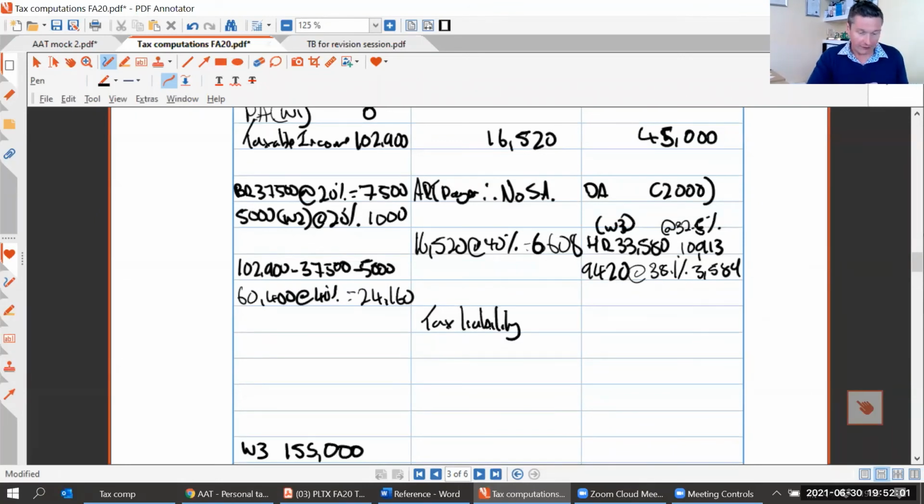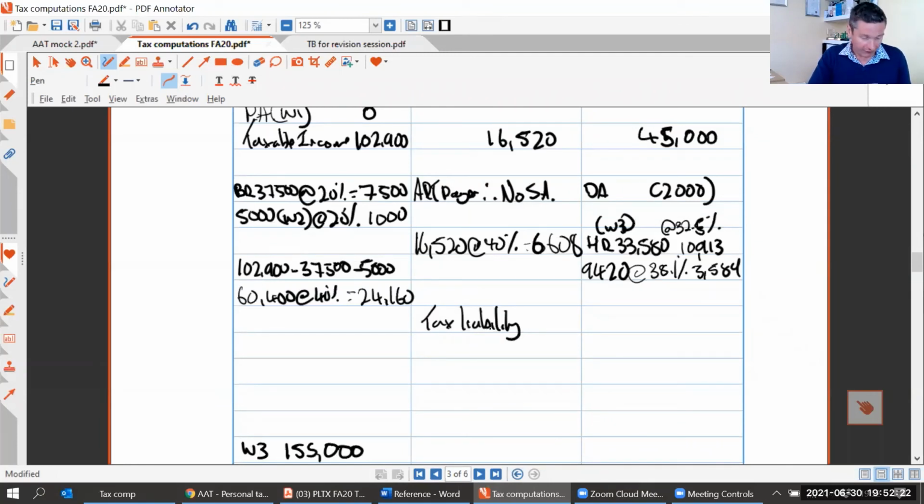So we've got 7,500 from the basic rate band, £1,000 that was covered by the extension of the basic rate band, £24,160 of non-savings covered by the basic rate band, no, into the higher rate band at that point, weren't we?